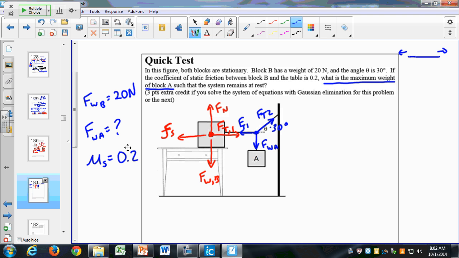I'm going to draw the vector diagram and resolve the forces on the blue. So this is FT1. Here I have FT2. Was it cosine or sine? All right, the sine of 30.